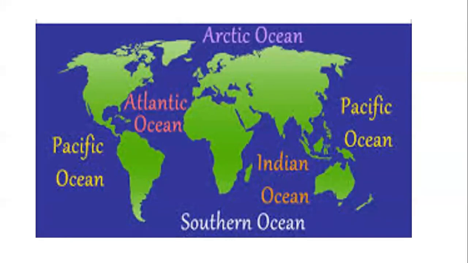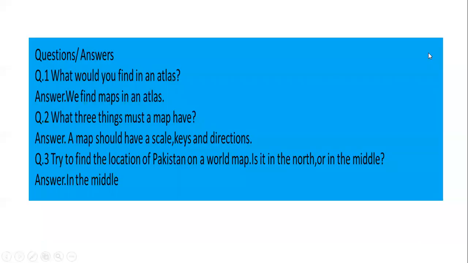So 30% is land and 70% is water. So the biggest areas of water are called oceans. So here 5 oceans you will read: Arctic Ocean, Pacific Ocean, Indian Ocean, Southern Ocean and Atlantic Ocean. All these 5 oceans you will write in your book.